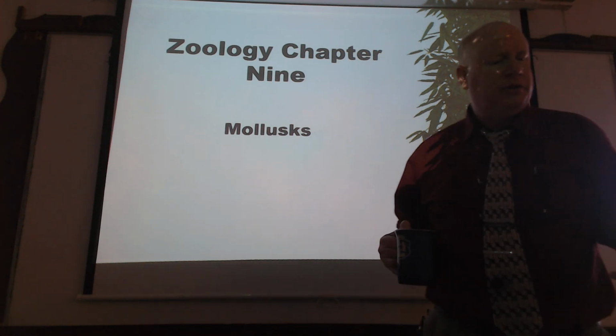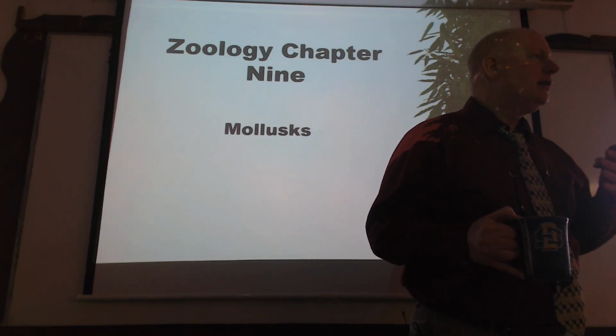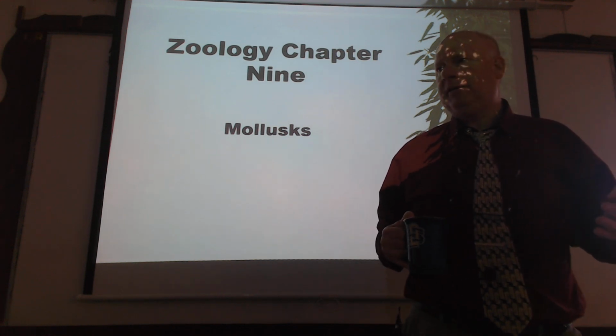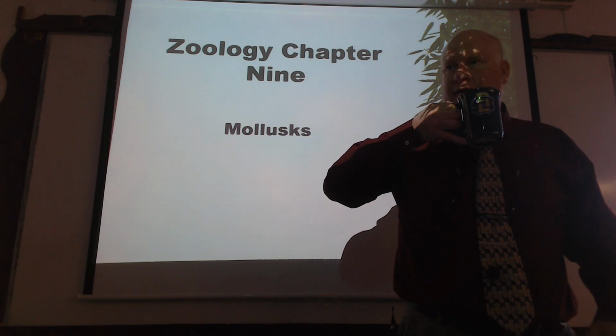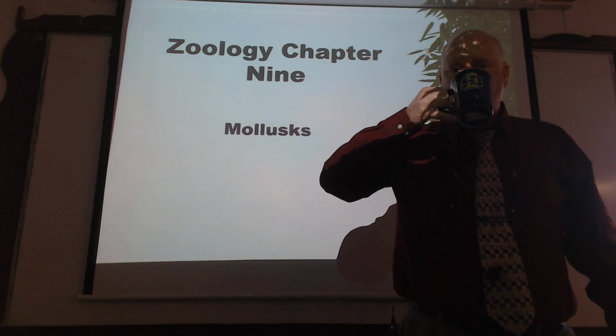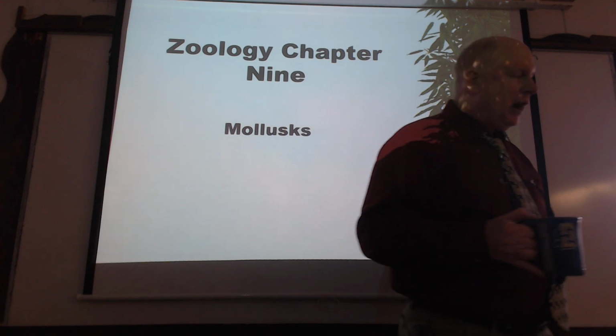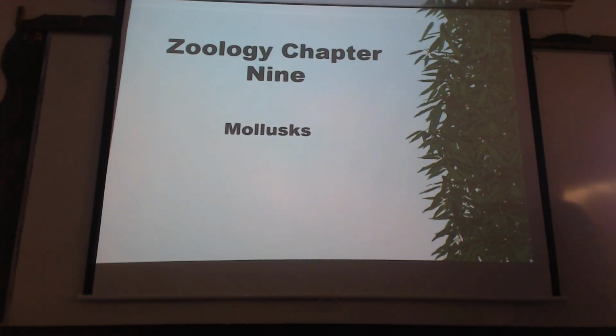Then we moved on to the cnidarians. What do they have in common? Tentacles. They've got tentacles, that's right. Radial symmetry. They've got radial symmetry. And yes, they would have cnidocytes that have a function of doing what? Produce venom. That's right.